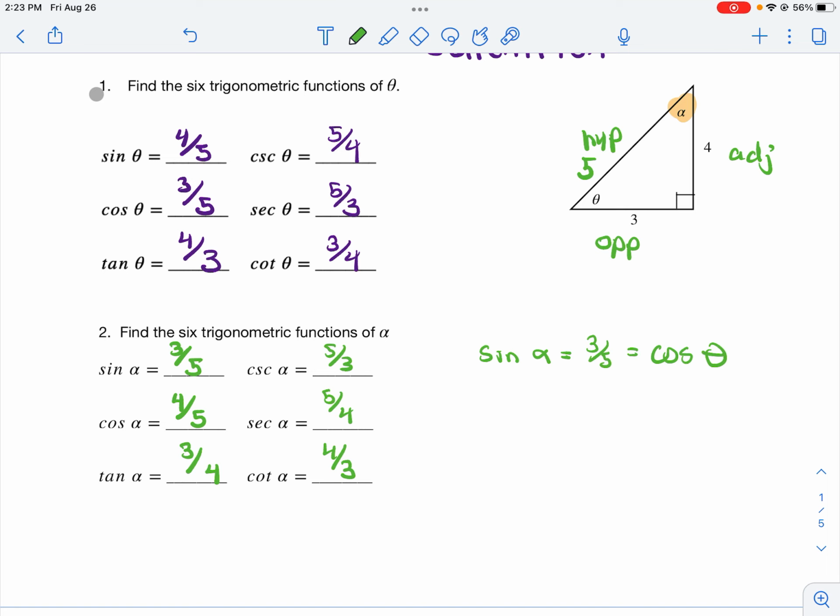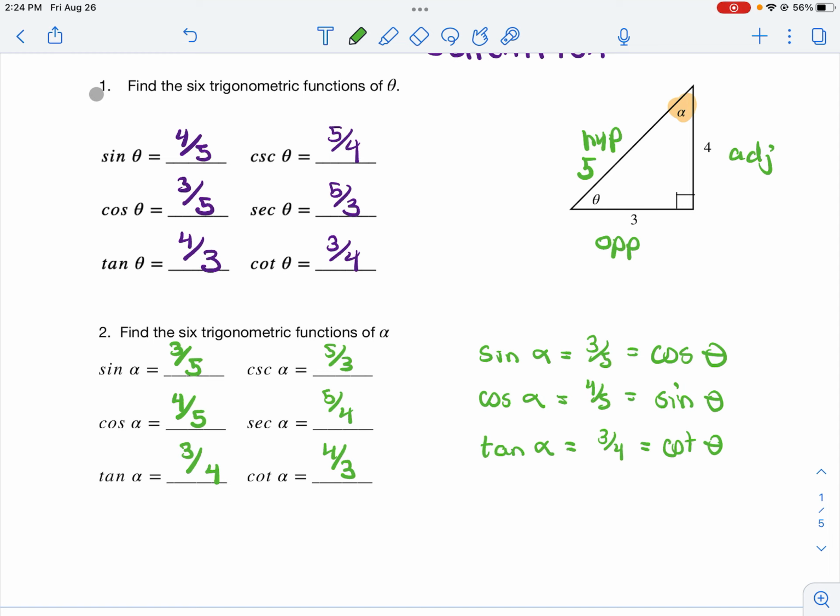Sine of alpha equals our cosine of theta when we're looking at 2 acute angles of the right triangle. And similarly, cosine of alpha, which is 4/5, gives us the same measure as our sine of theta. And our tangent of alpha, which is 3/4, is the same measure as our cotangent of theta. And that's cool. This always happens with the 2 acute angles of a right triangle.